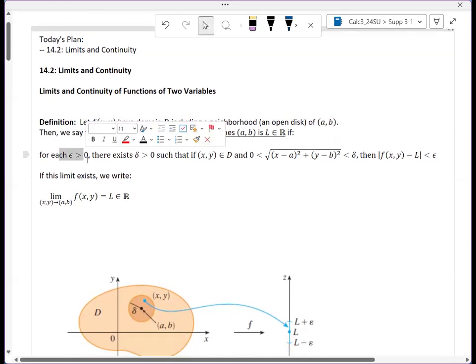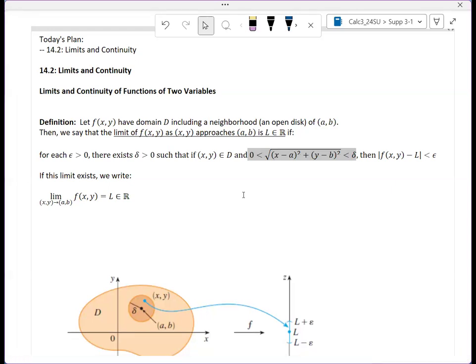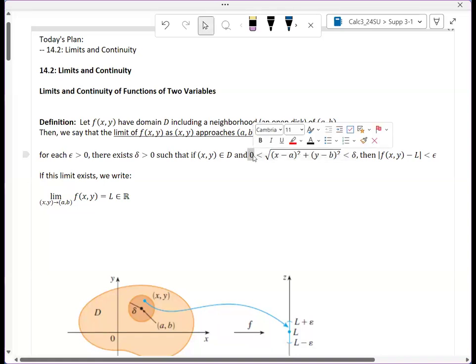If it's true that for each epsilon bigger than 0, there exists a delta bigger than 0, such that if (x,y) is in the domain and the distance from (x,y) to (a,b) is less than delta and also positive, so (x,y) is not the point (a,b), but is less than delta away from it, then the absolute value of f of x,y minus L is less than epsilon.